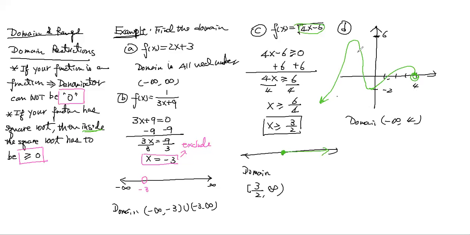Then you will see your range. Looking at the graph, the topmost one is 6, but then this arrow can go down to infinity. So the range will be from negative infinity to 6. You will reach 6, it will touch the 6, so you can put the closed bracket there.